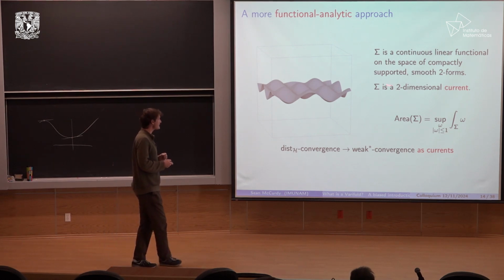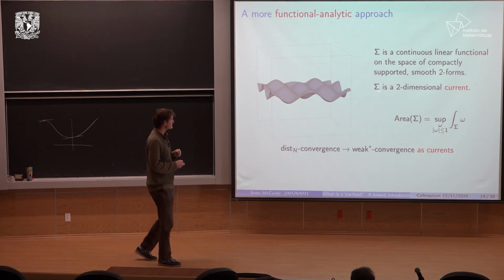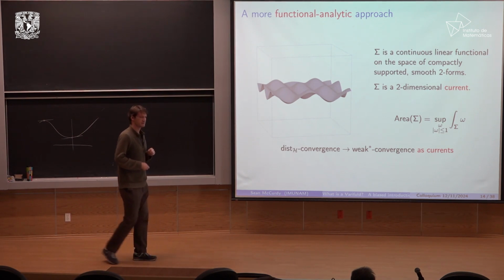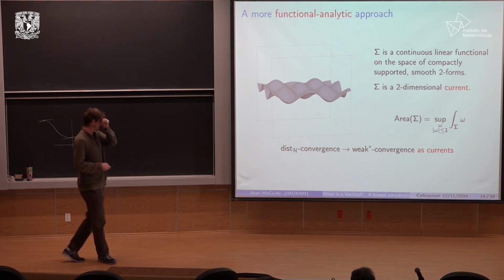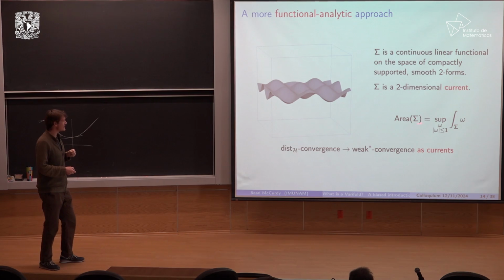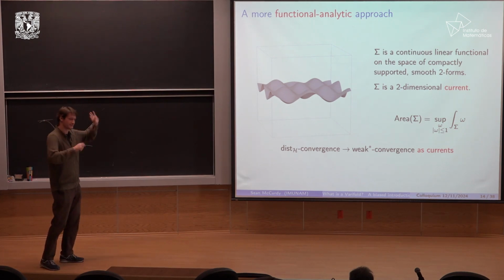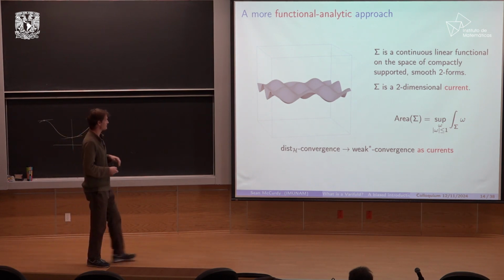Another way to say this is that this sigma is a two-dimensional current, in the sense of de Rham currents, things like this. And then we can realize the area not by integration against the area form, but as the supremum of integration against these smooth compactly supported two-forms where we restrict the comass, technical stuff.